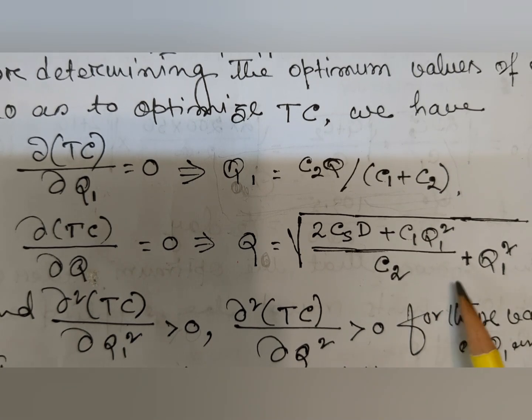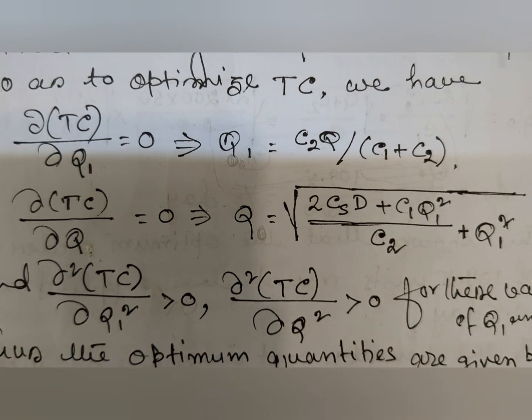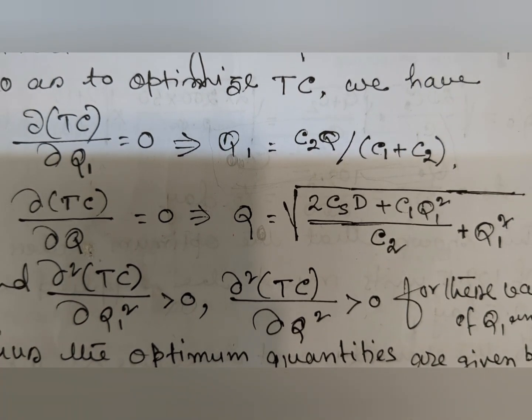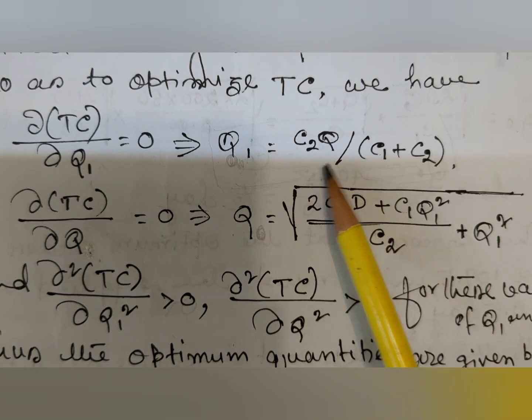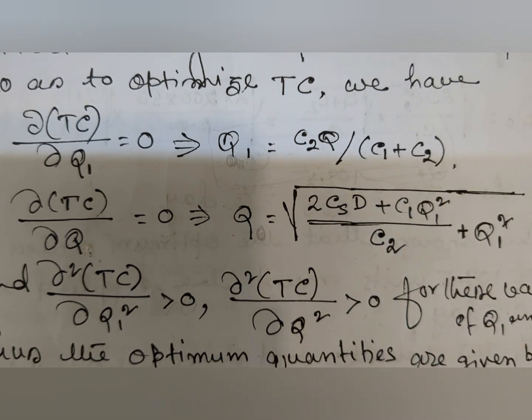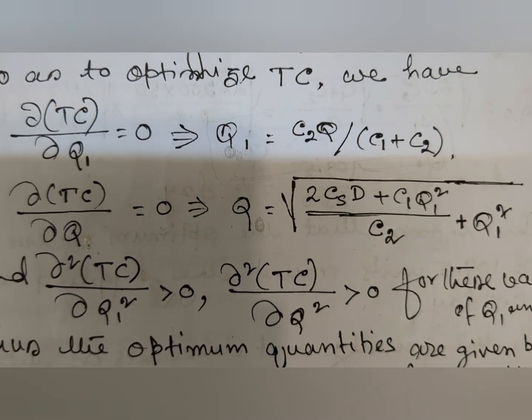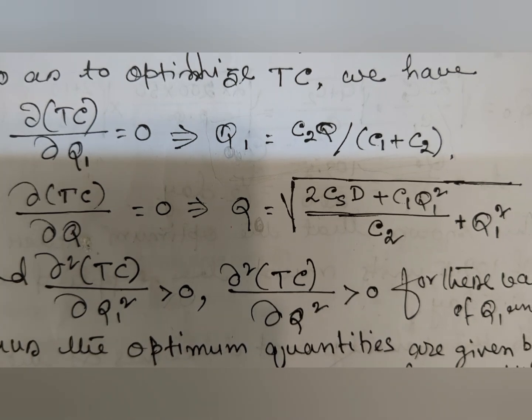If you take common, then you will get C1 plus C2. This is the formula. And Q1 after simplification will come in this form: Q1 is C2 by C1 plus C2 whole Q0, and we put the value of Q as the optimum ordering quantity, then the formula will come like this.